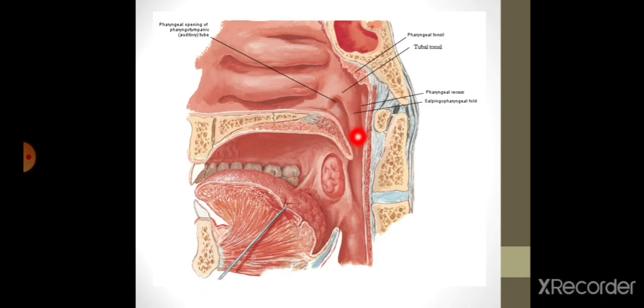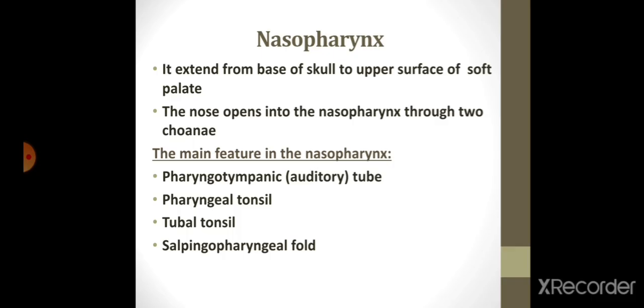This muscle forms an elevation known as the salpingopharyngeal fold. Posterior to this fold there is a recess known as the pharyngeal recess. So these are the features in the nasopharynx, which are pharyngeal tonsil, tubal tonsil, salpingopharyngeal fold, pharyngeal recess, and pharyngeal opening of the pharyngotympanic tube.